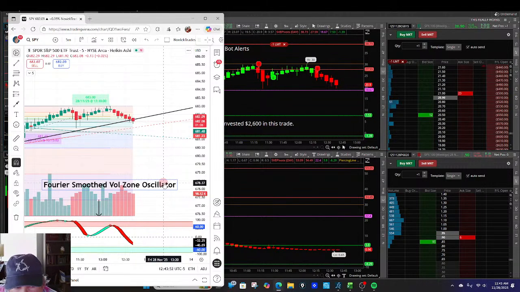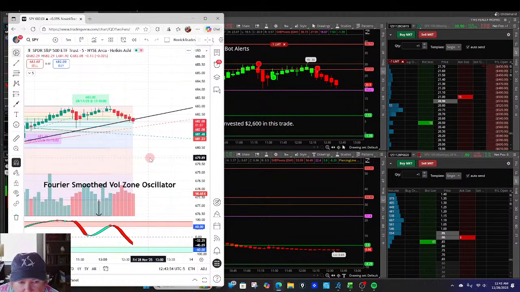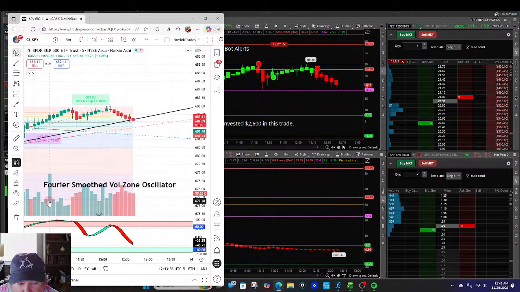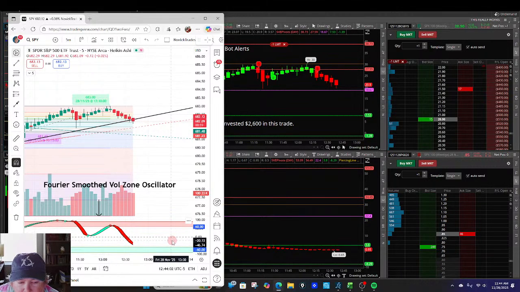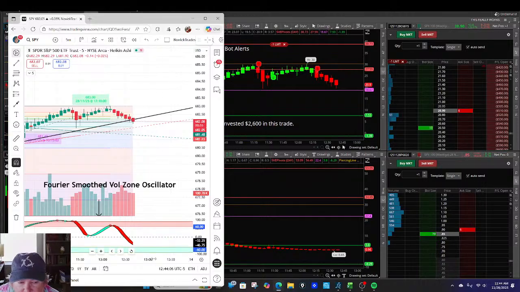I just recently found this, maybe within the last couple of months, this Fourier smoothed volume zone oscillator. It's right here at the bottom, and it just gives very clear signals about when to buy and when to sell.